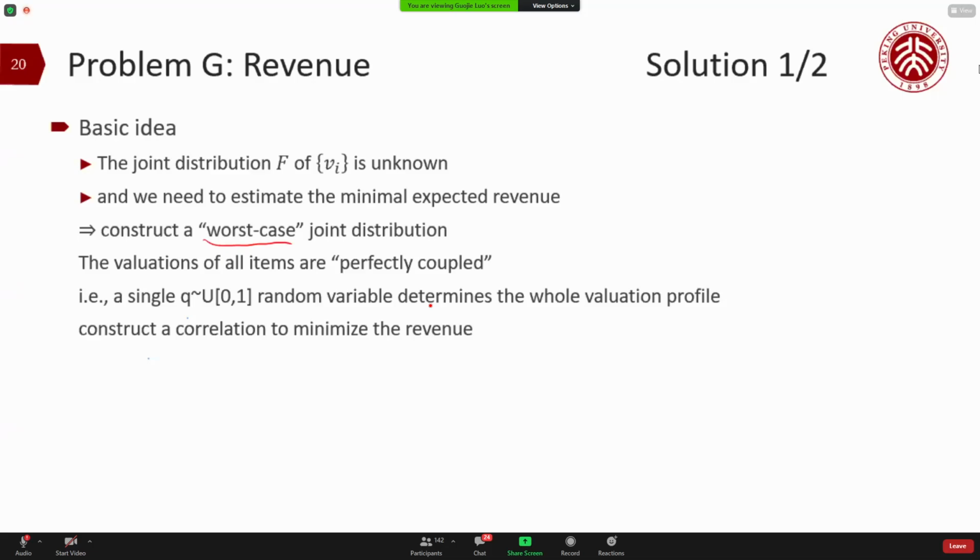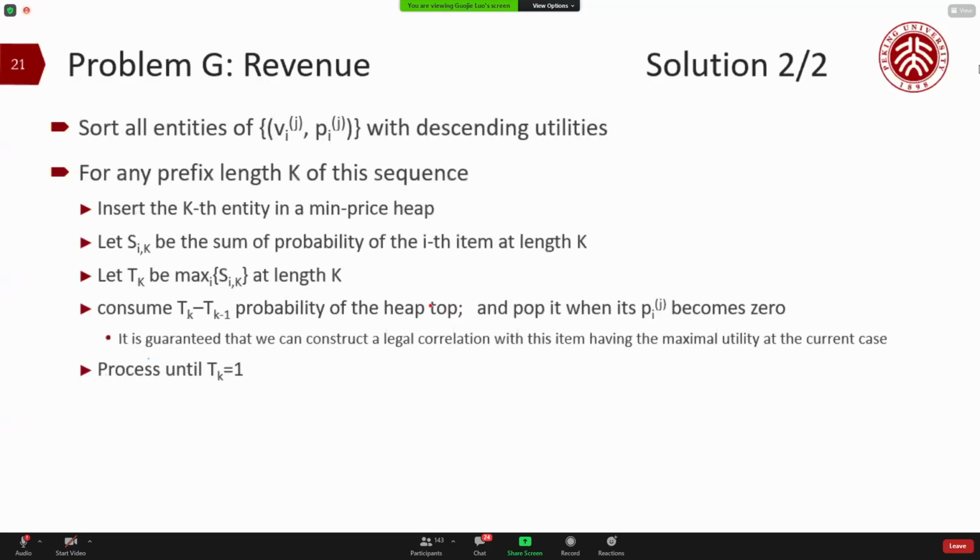In that case, we try to put as much probability as possible on all the other items with a smaller utility but also with a greater price. So we would like the seller to sell at the lowest price so that we get the minimum expected revenue. So that's the basic idea.